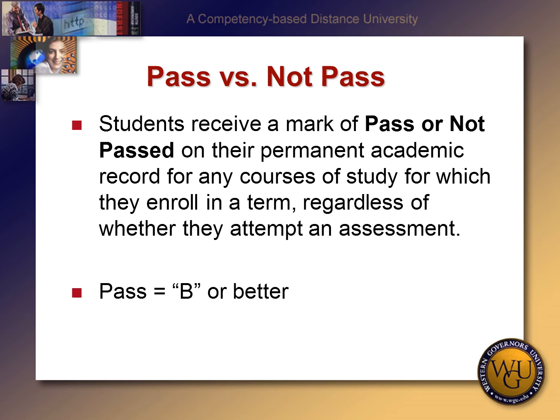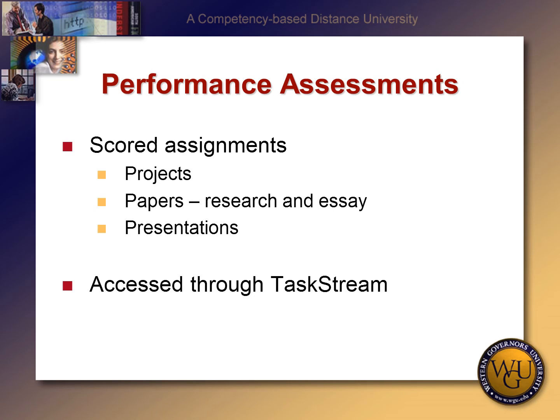We have two kinds of assessments at WGU. Performance assessments, which are your scored assignments. They are the projects, papers, and presentations. Performance assessments are the tasks that you're going to turn in through TaskStream. Your directions and rubrics will also be in TaskStream for these assessments.